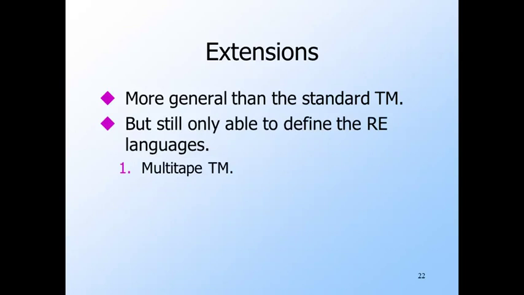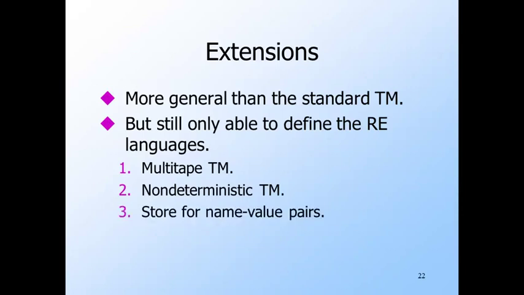Our first extension will allow any finite number of tapes. Then we add non-determinism. The last extension is really a demonstration of how a Turing machine can simulate a name-value store. That is, a storage system that lets us associate any value with any name. Recently, very large-scale name-value stores have become a significant factor in the big data world, with systems like Google's Bigtable.